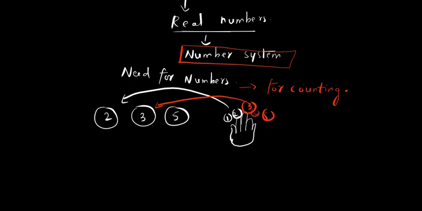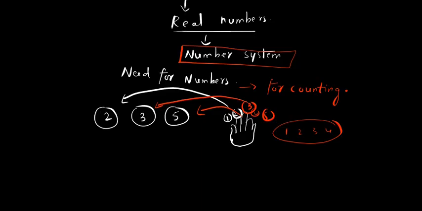Like this, we have just taken a hypothetical scenario. This is not the scenario of when these numbers were invented. First they didn't know the names of the numbers 1, 2, 3, 4, or what they look like. But they had to count, right, so they used these fingers.